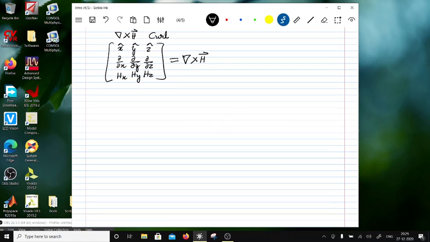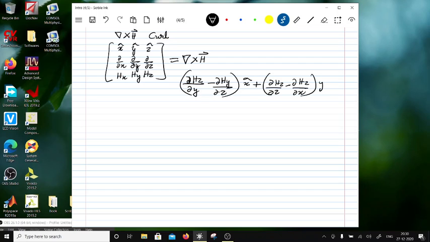So I would have to write curl of H as dou hz by dou y minus dou hy by dou z times x, plus dou hx by dou z minus dou hz by dou x times y.